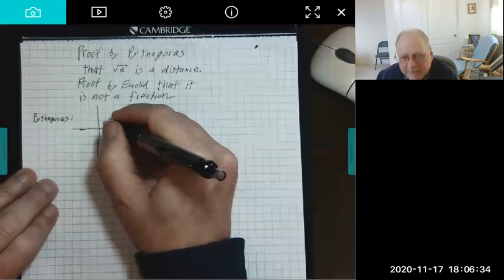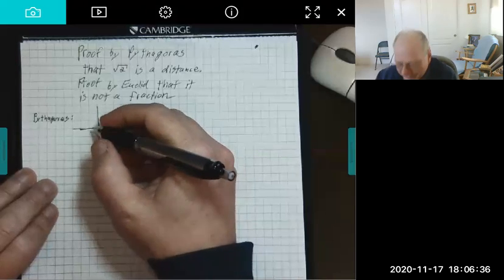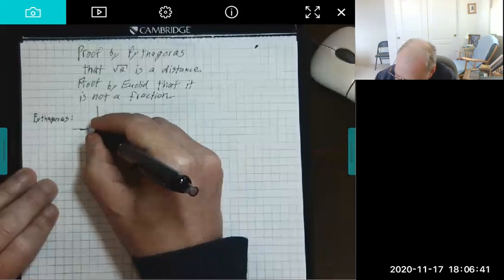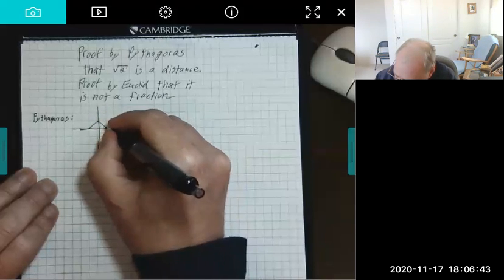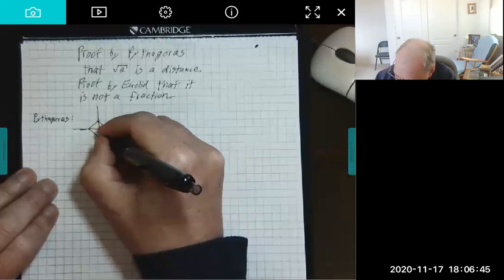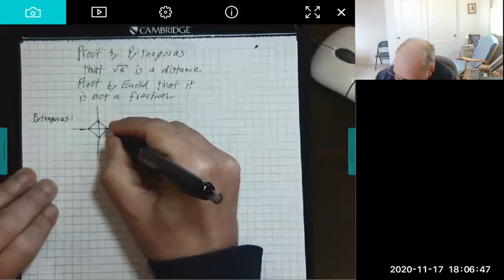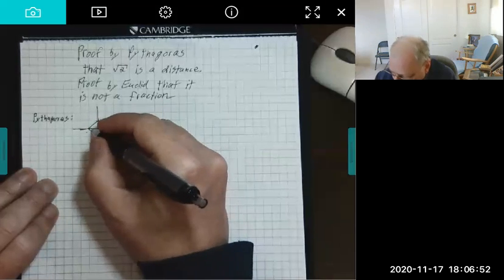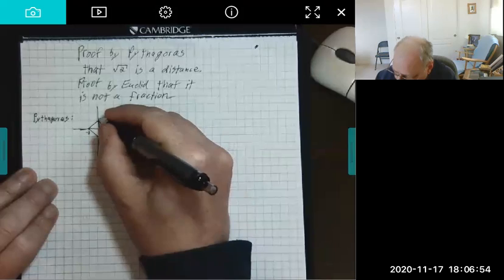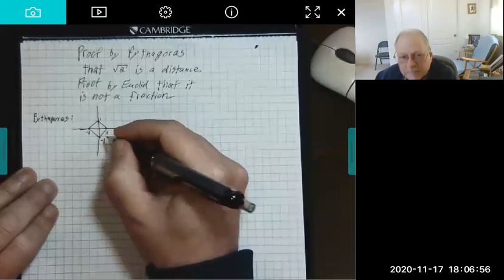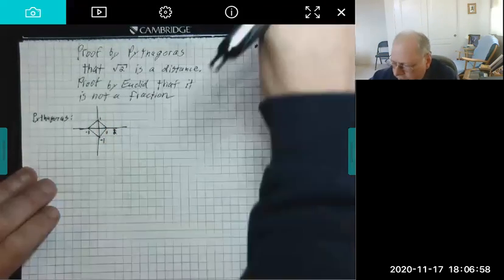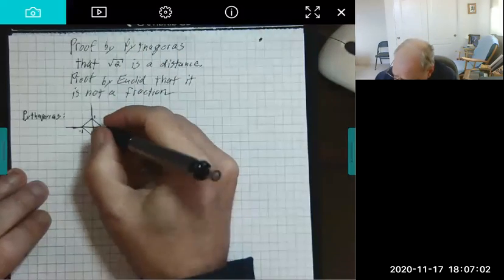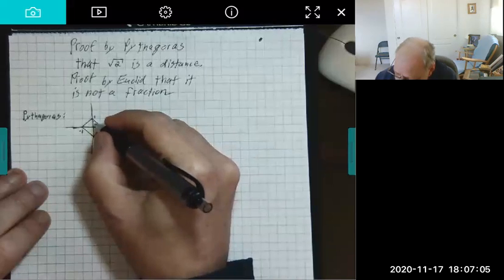Well, let me do it this way. I'm trying to think how to make this nice. Okay. So if you make a square like that, well, what's the area of this little triangle here?